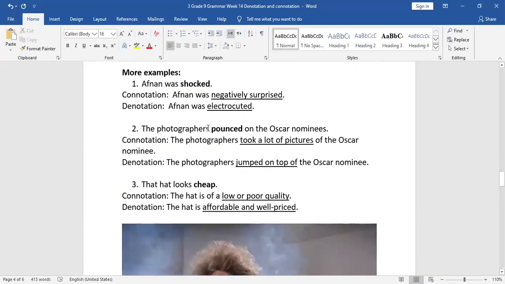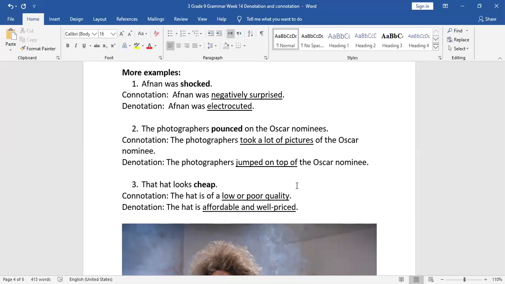Number two: the photographers pounced on the Oscar nominees. Now, the connotative meaning is that the photographers took advantage of the Oscar nominees and took lots of pictures of them. The denotation here is that photographers literally got up and jumped on top of the Oscar nominees, which would never happen. Why would a photographer jump on top of somebody?